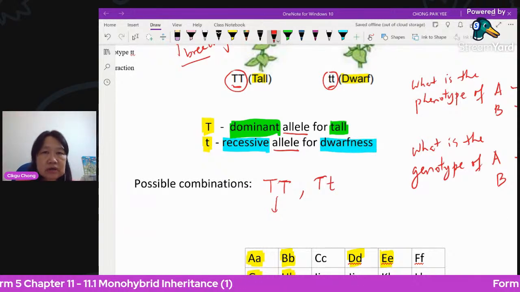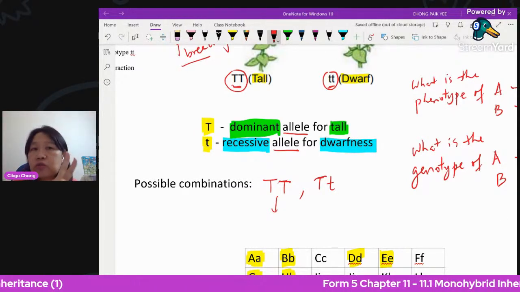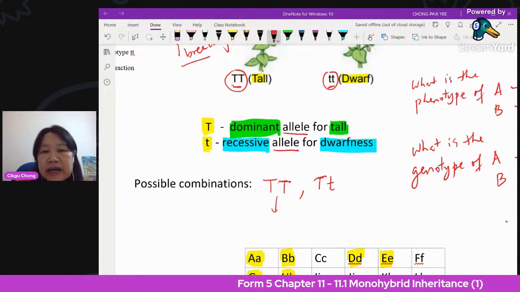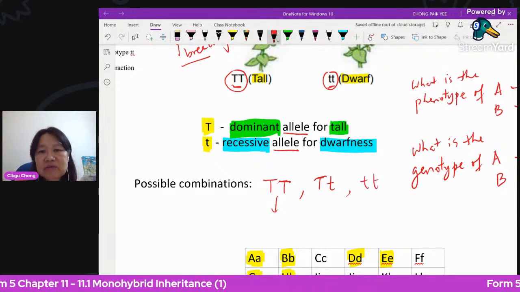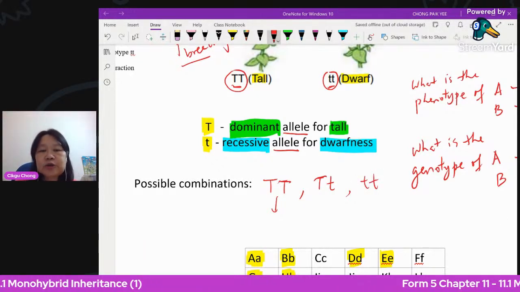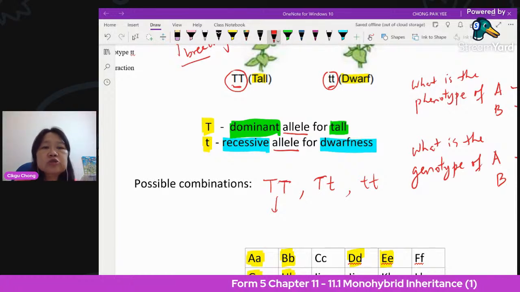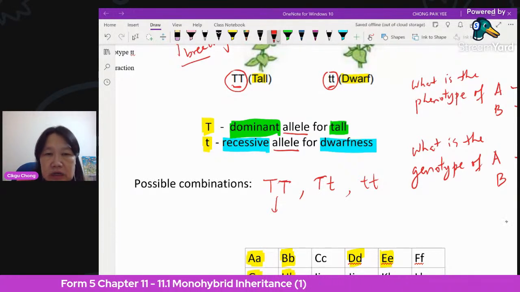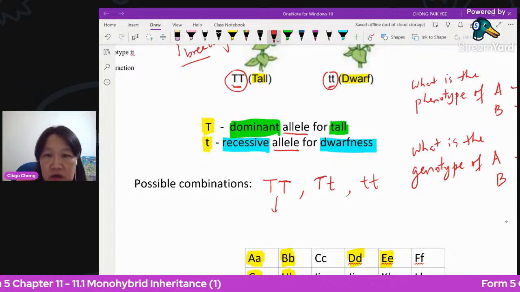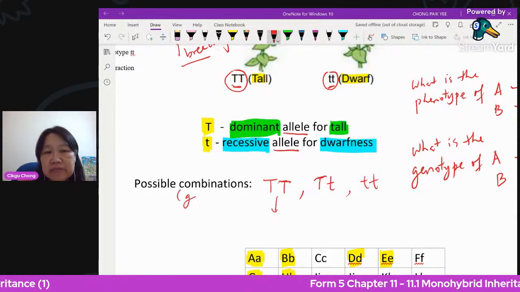That is also possible, as long as I take two alleles. Another combination can be small t, small t. So you can see here, I've got three possible combinations for an organism with this type of alleles. What I'm showing here is the genotype. These are the genotypes.